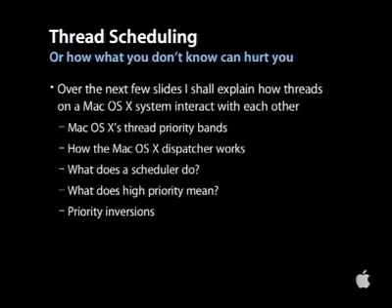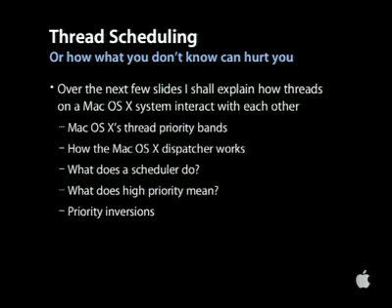Okay, so the first part of the presentation will be on threading, specifically how threads work inside the operating system. I won't really be talking about threads inside the kernel so much as how threads interact, how the scheduler interacts with it, how the dispatcher works. macOS 10 doesn't differentiate between kernel threads and user threads.